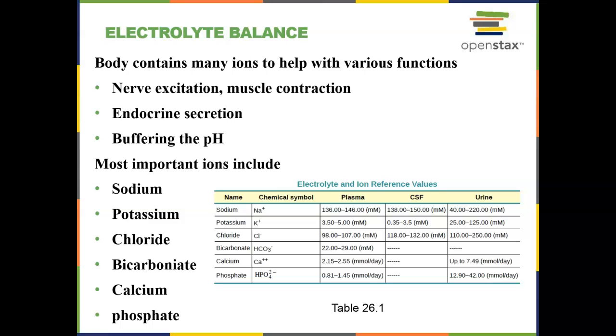They help in stimulating endocrine secretions, in maintaining blood pH. There are a lot of electrolytes, but the ones that we really care about are sodium, potassium, chloride, bicarbonate, calcium, and phosphate. Those are the most important ones in our body.